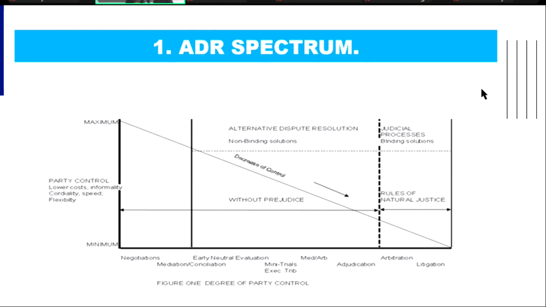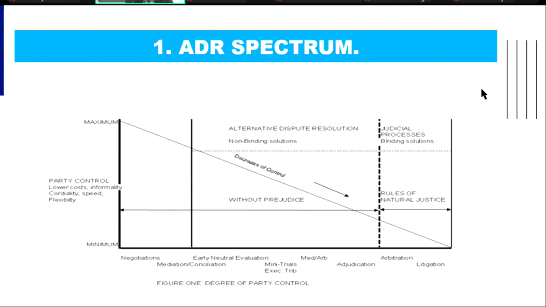Then as things move towards the end, you see there is mediation. I'll discuss further when I get to discuss the ADR mechanism. When parties move to mediation and early neutral evaluation, you can see the way the graph is moving.